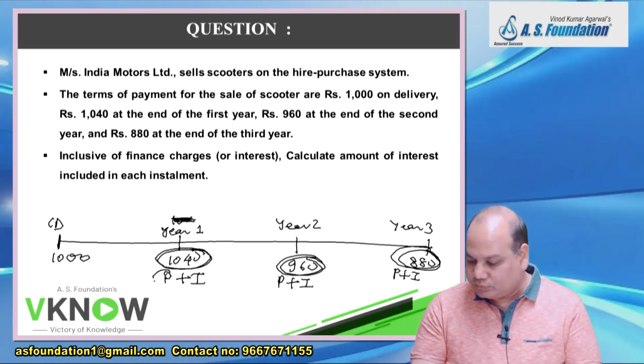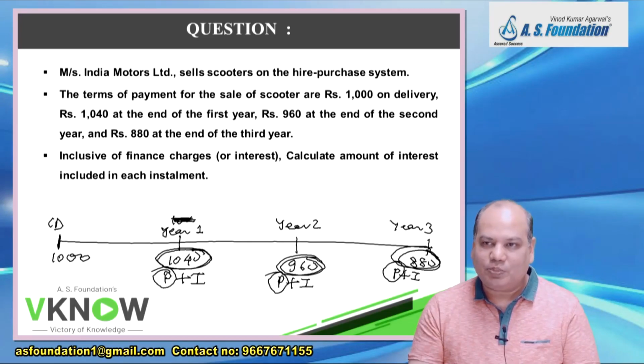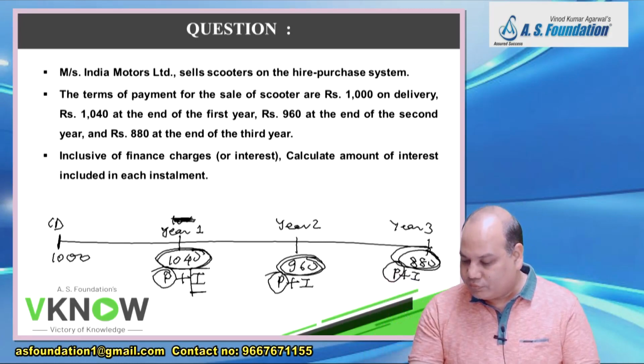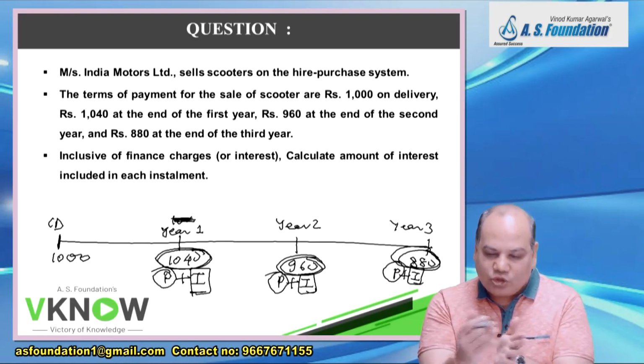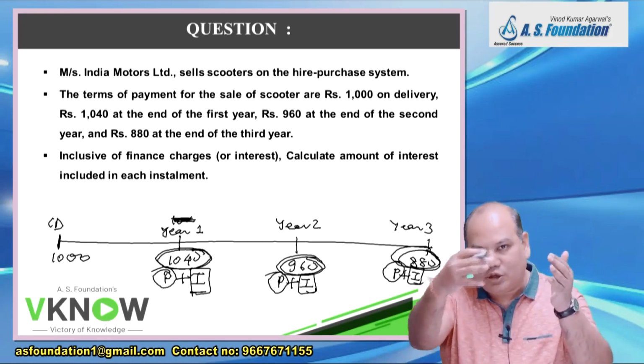We will assume the principal amount included in each installment is same, equal. P is equal in all the installments. Only what will change? Interest will change. Interest will be higher in the first installment, and as we keep paying the installment, the interest keeps on reducing.